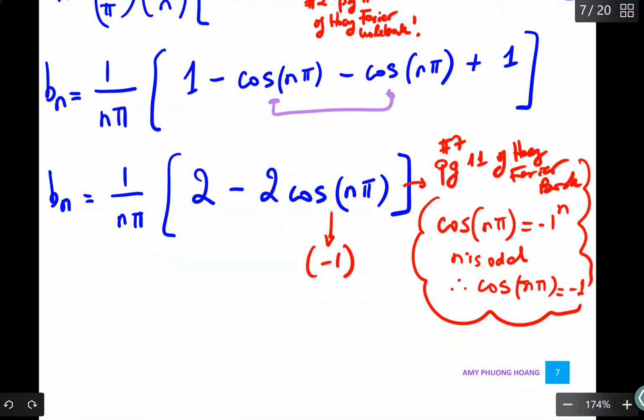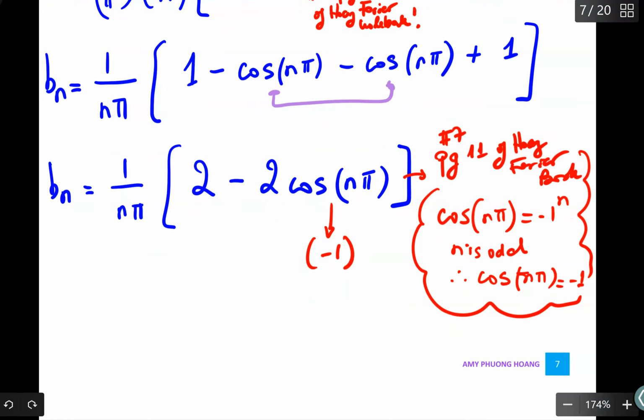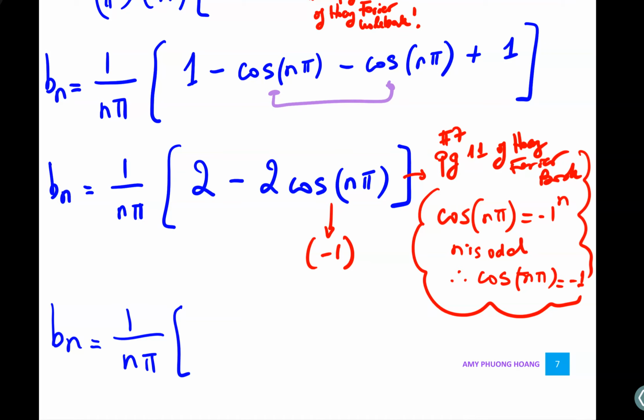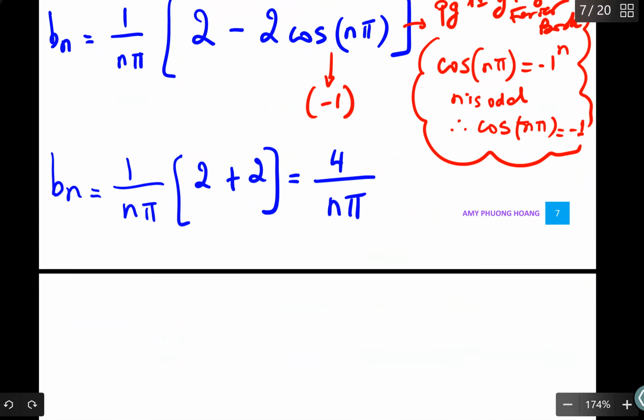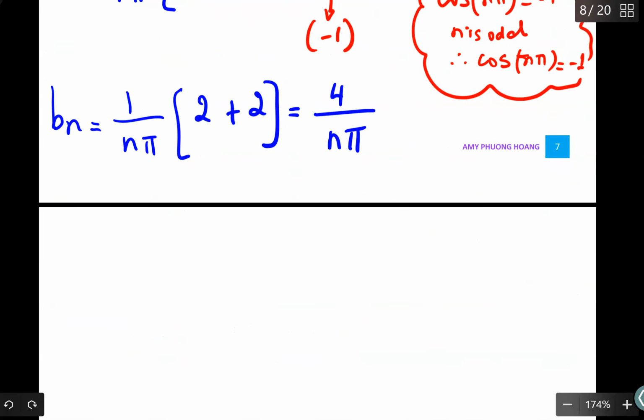So I will have Bn equal to 1 over n times pi. Negative 1 times negative 2 will give me positive 2, so 2 plus 2 will be equal to 4, right? And 4 times 1 over n times pi gives me 4 over n times pi. So the unspecified term Bn will be equal to 4 over n times pi.